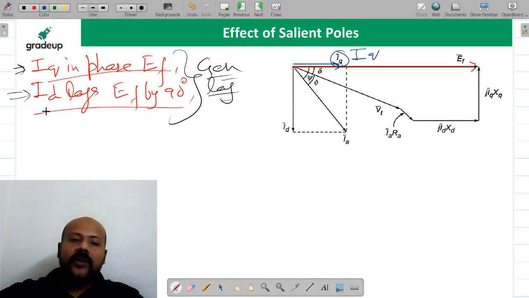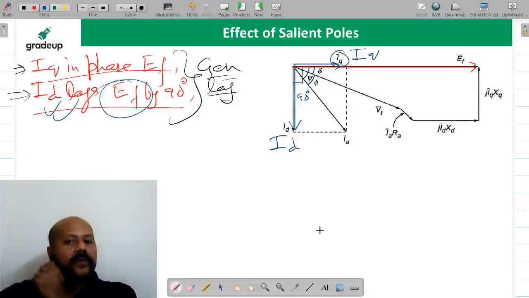And I told you that ID is going to lag EF by 90 degrees. So just 90 degrees lagging, beta, you draw this ID. This is going to be your ID, which is lagging this by 90 degrees.